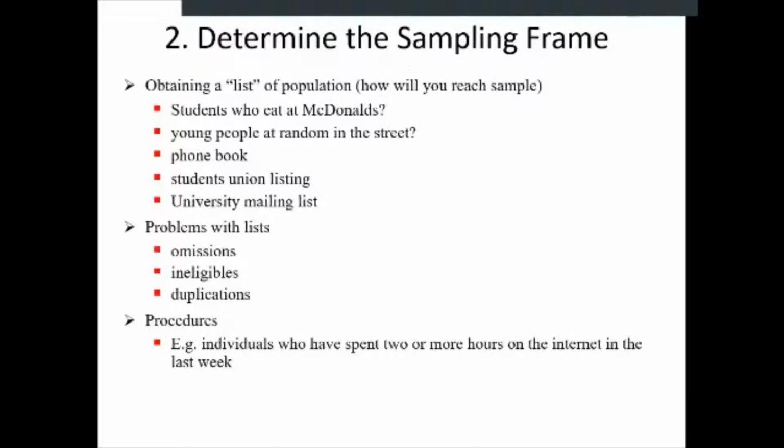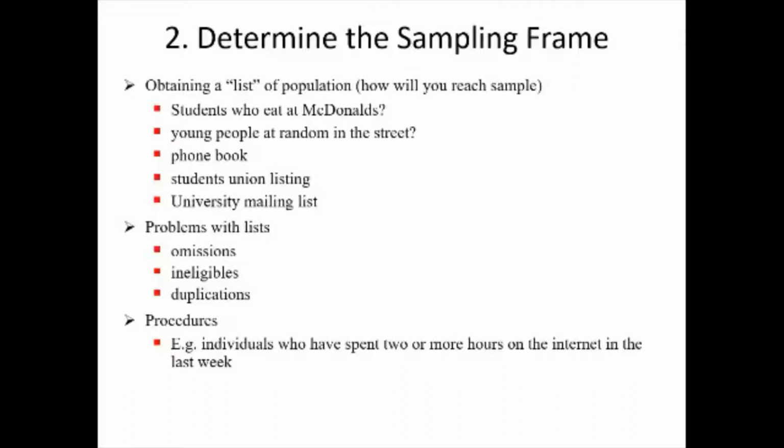Using a phone book, we can trace out the sample, or a students union listing, or the admission list of the college. If my study is to know the financial literacy level among students in Mangalore University, I can collect the students list from the office or the administration department.